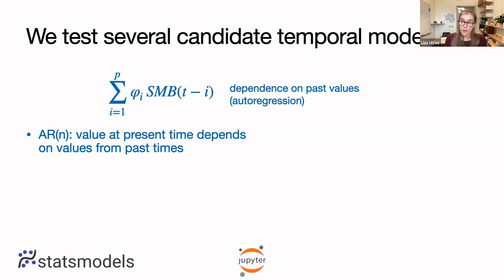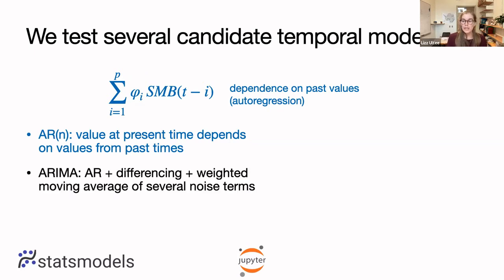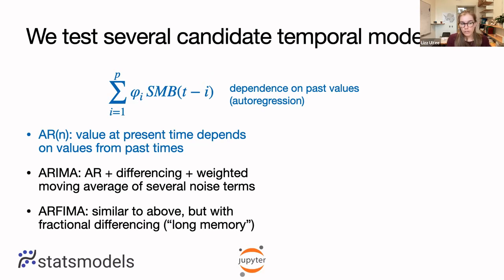We also tested some other candidate models such as ARIMA, which includes some differencing and a weighted moving average of several noise terms, as well as fractional differencing ARIMA, which has kind of a long memory. So if past surface mass balance values seem to be quite important for current ones, we might want to use one of those.